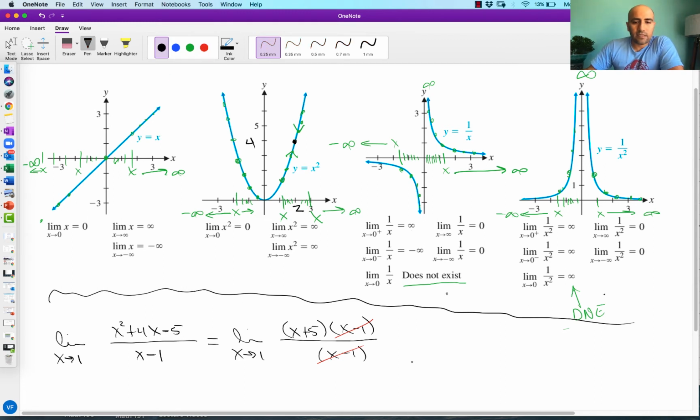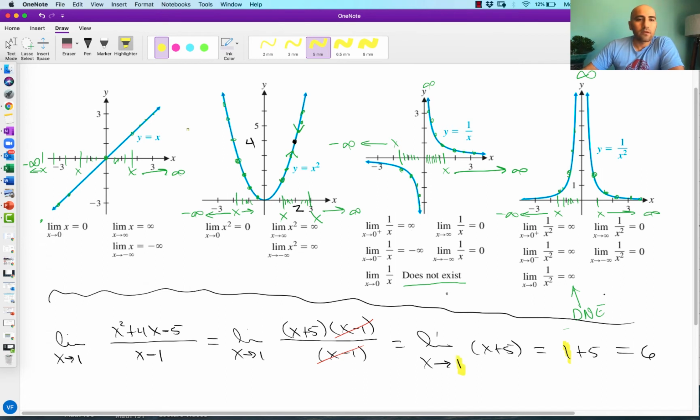This limit is equal to the limit as x approaches 1 of just x plus 5. And now we can just plug that 1 in there. So this becomes 1 plus 5, or 6. This is just the work we would do in Chapter 2. Fun with Chapter 2 stuff.